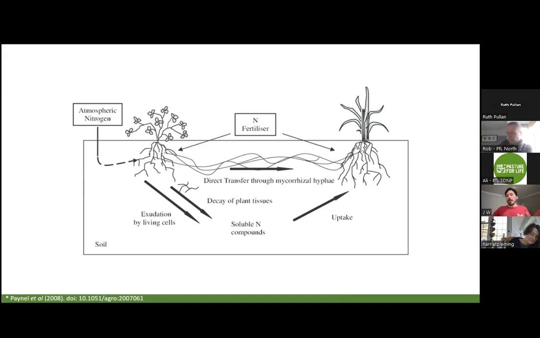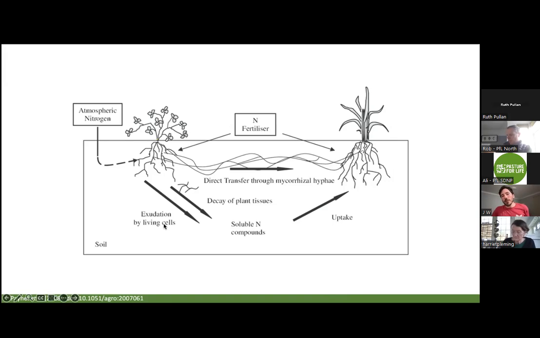Whilst legumes and non-legumes are growing together in a diverse system, in a companion-planted system or a multi-species pasture, those legumes are sharing nitrogen with the non-legumes. And they do this, yes, primarily through their death and decay, but these other two real-time pathways are evident.